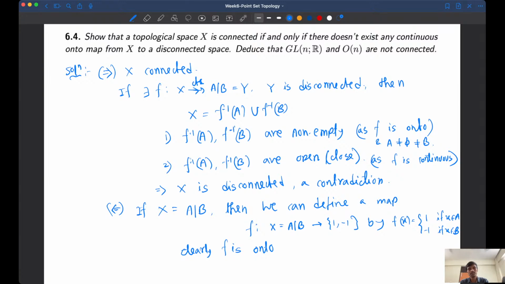Individually, if I take the inverse image of 1, that will give me A, but as it is a separation, that is open as well as closed. The inverse image of -1 is again B, which is also open and closed both. So whatever I need, I have. So this is clearly also continuous.